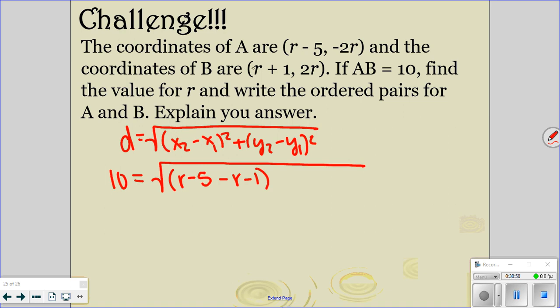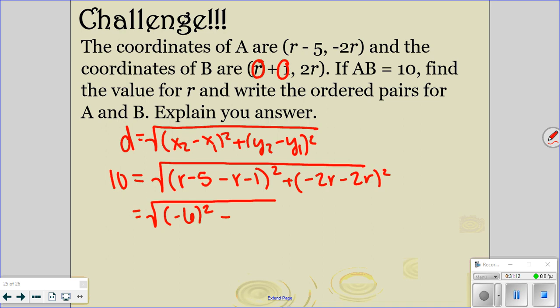Because we're subtracting this, we have to distribute the negative to the r and to the 1. And then our y value is negative 2r minus 2r. So on the first one, if we combine, we're actually just going to have negative 6 squared and then negative 4r squared.